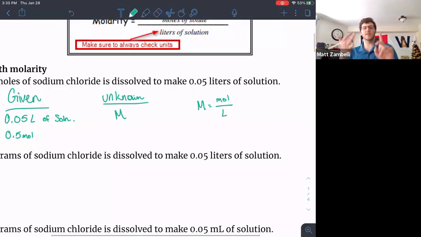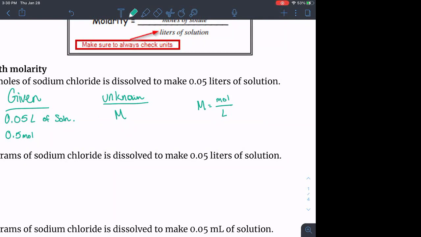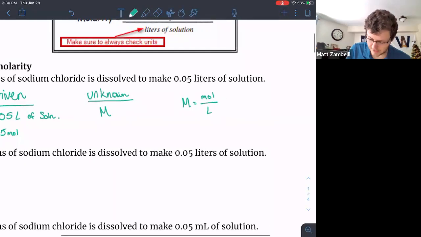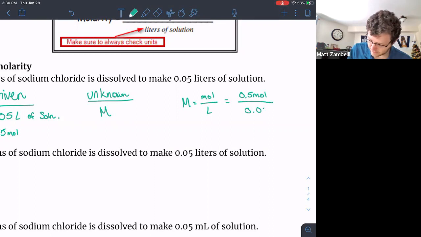Do we have the moles and do we have the liters? Yes. Perfect, so let's plug them in. So we're going to plug in the 0.5 moles divided by the 0.05 liters, and we're going to solve for our molarity. What is our molarity going to be?